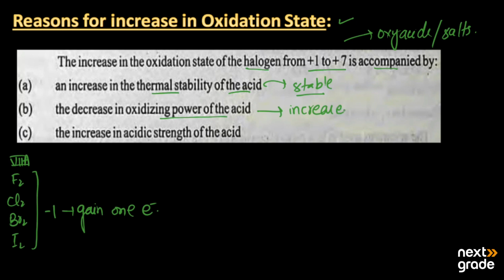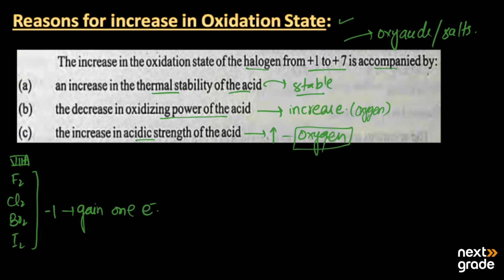So that's why their oxidation state increases with the addition of oxygen atoms. The third reason is the increase in the acidic strength of the acids. The acidic strength also increases when there is an increase in the oxygen atoms. So that's why their oxidation state increases with the increase in oxidizing power, thermal stability, and acidic strength as well.